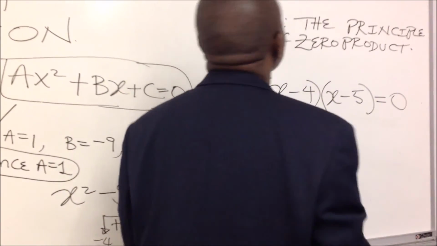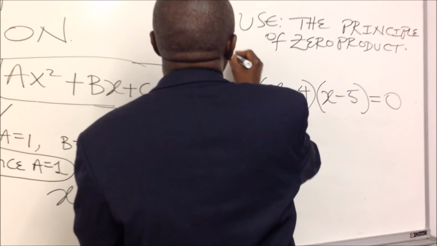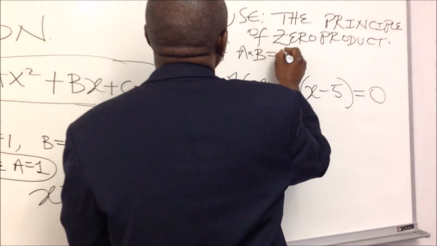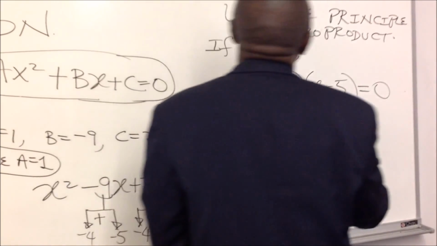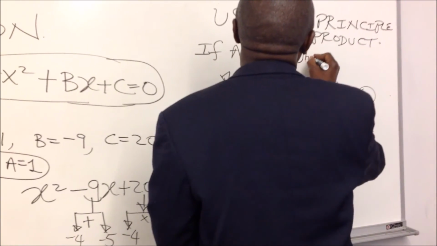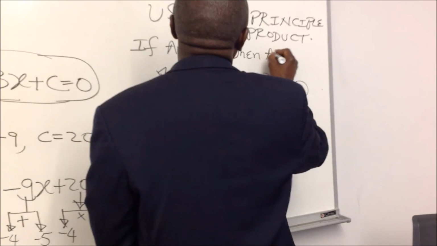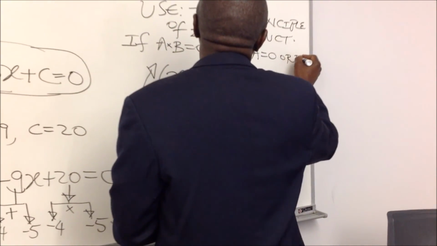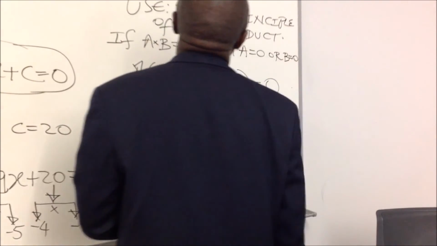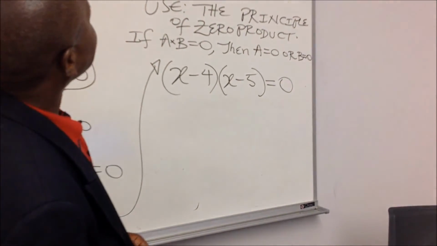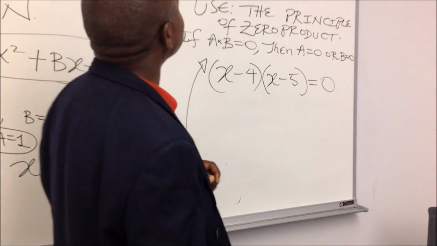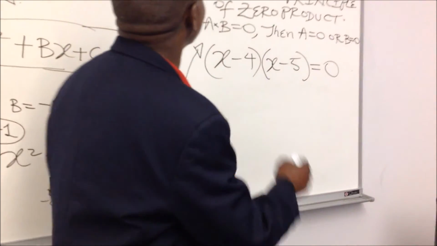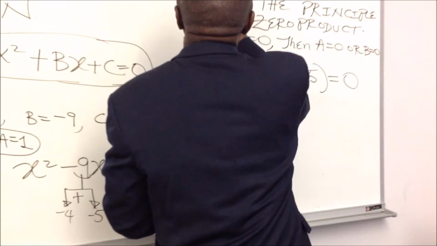What does it say? It says that if A times B equal to 0, then A equal to 0 or B equal to 0. I repeat, if A times B equal to 0, then A equal to 0 or B equal to 0, according to the principle of zero product.